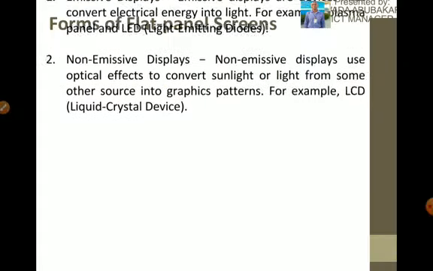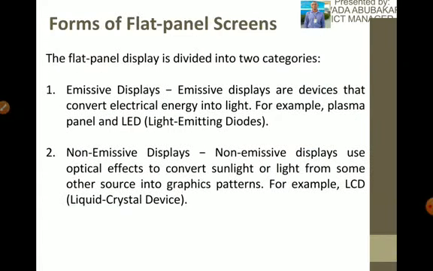Now let us look at the forms of flat panel screens. We have the emissive displays, those that emit light, and these are called light emitting diodes. They are devices that convert electrical energy into light energy, and that is why they are called light emitting diode, abbreviated as LED.